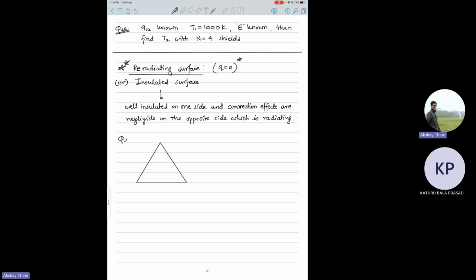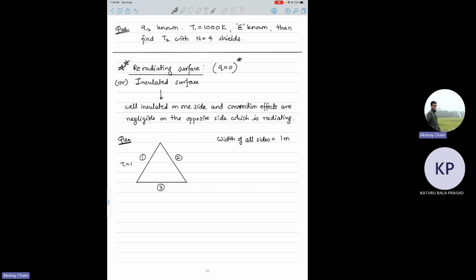So this is the question, width of all sides equal to 1 meter. This is your first, second and third surfaces.